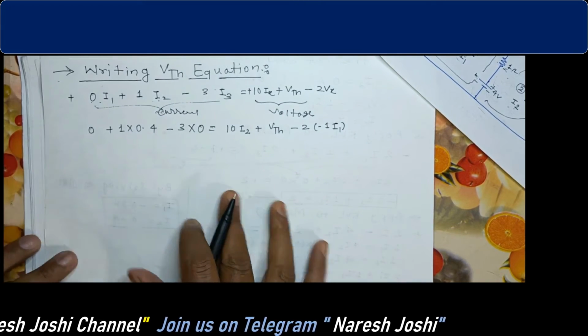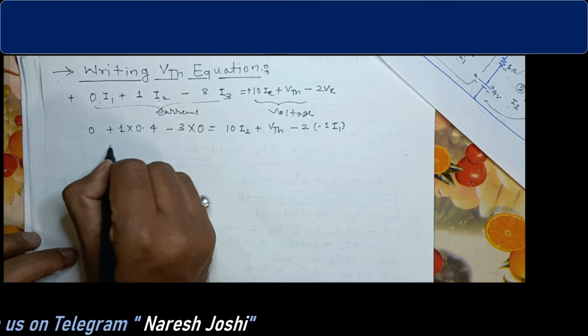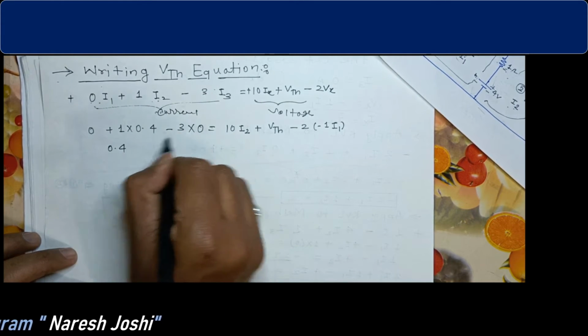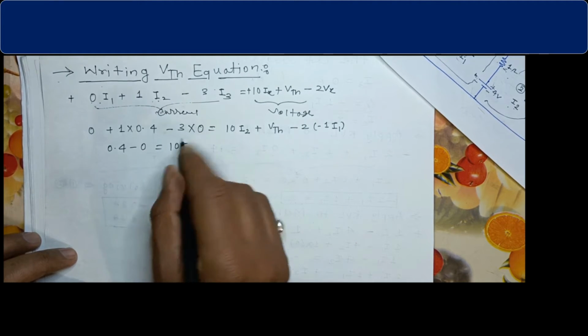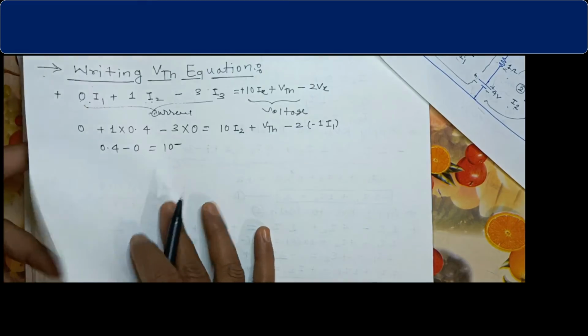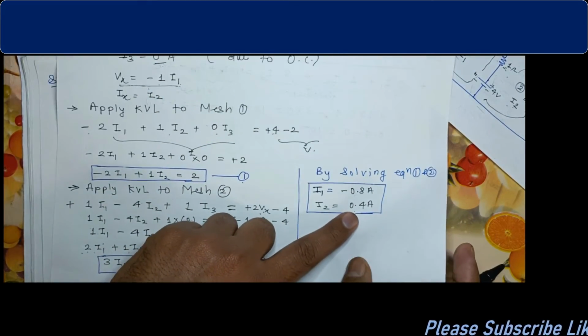Here you can see this is 0, we have to remove. This is 1 into 0.4, which is 0.4, and this becomes 0. Then 10 I2, and we have already calculated the value of I2, which is 0.4.